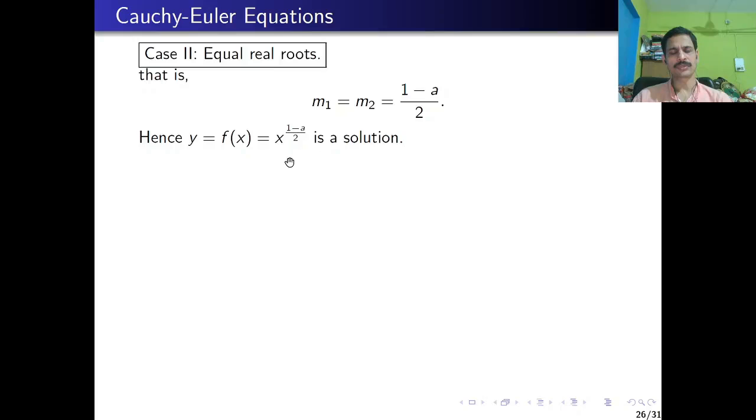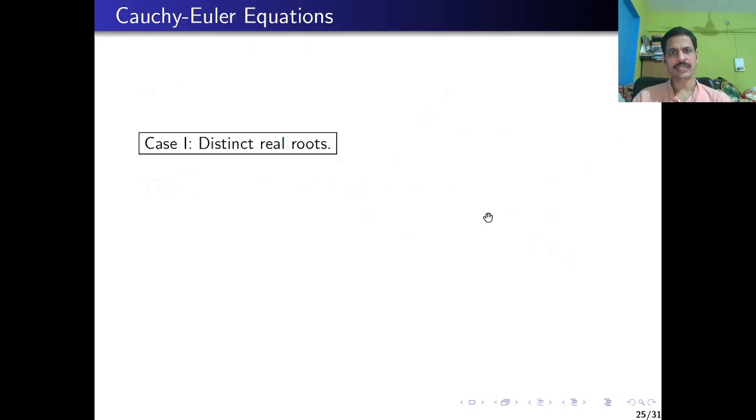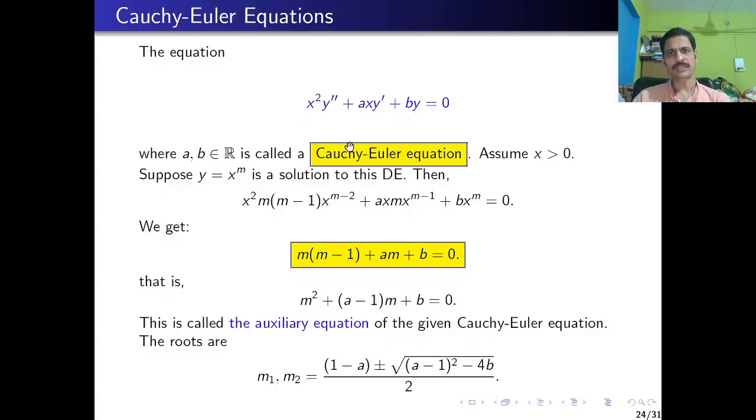To get such a solution, we take the help of reduction of order that we have learned before. First we determine what is the p(x) of the given Cauchy-Euler equation. For that we have to write the given equation in standard form, so we divide the entire equation by x square.